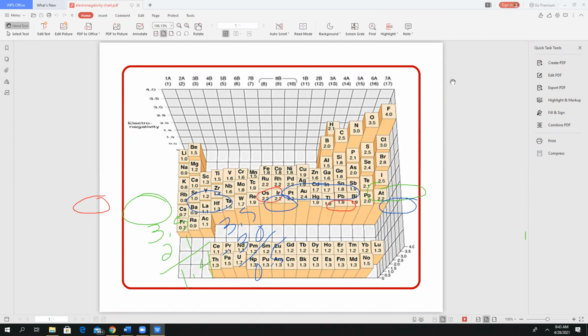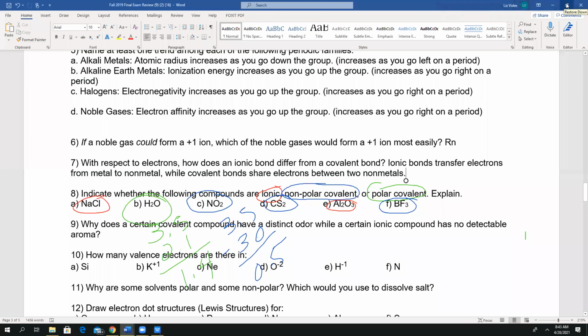So carbon and sulfur, that's 2.5 minus 2.5, right? We just saw that. So that right there shows you that this is correct.